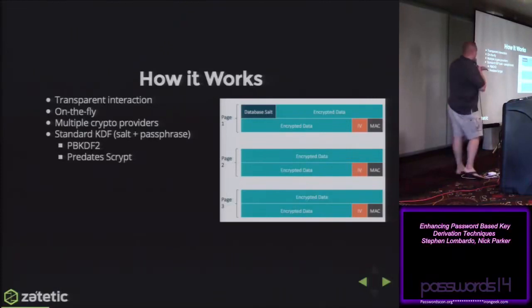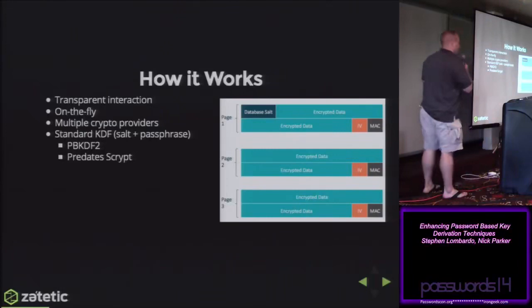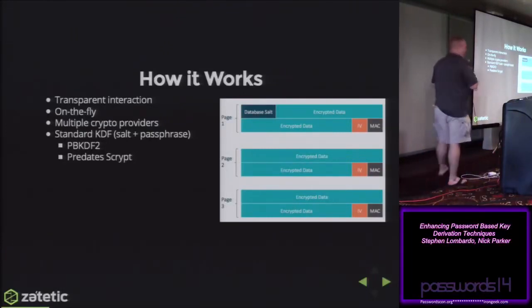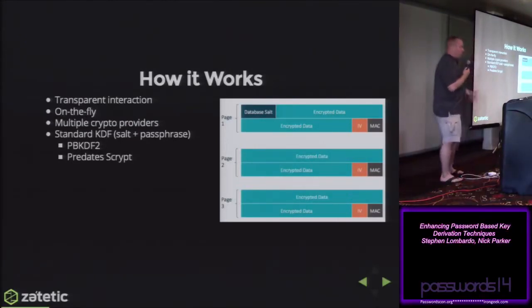We have a crypto provider system, structured within the library itself, that allows us to swap out different crypto providers. By default, we use OpenSSL. We've ported that to use Common Crypto for iOS as an example, and then libtomcrypt for other platforms where OpenSSL isn't appropriate.